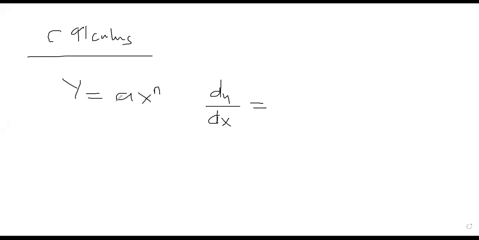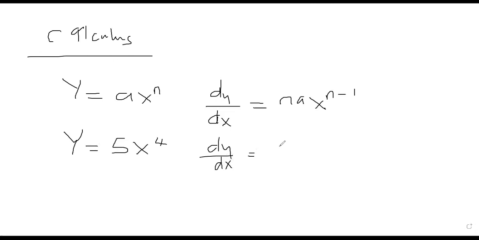So you multiply the power n times a, and you subtract 1 from the exponent. In this case, if you have y is equal to 5x^4, this is equal to dy/dx, and we're going to multiply the numbers there, 5 times 4. We're going to subtract 1 from the exponent, 4 minus 1. So what we're going to have is 20x^3.